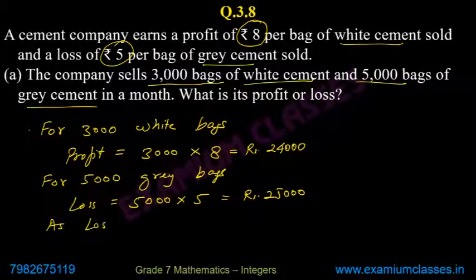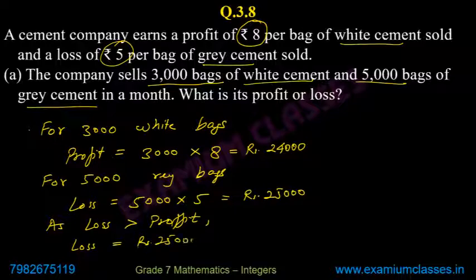As loss is greater than profit, loss equal to rupees 25,000 minus rupees 24,000. Loss is greater than profit, so it means it will be loss. Rupees 1,000 loss.